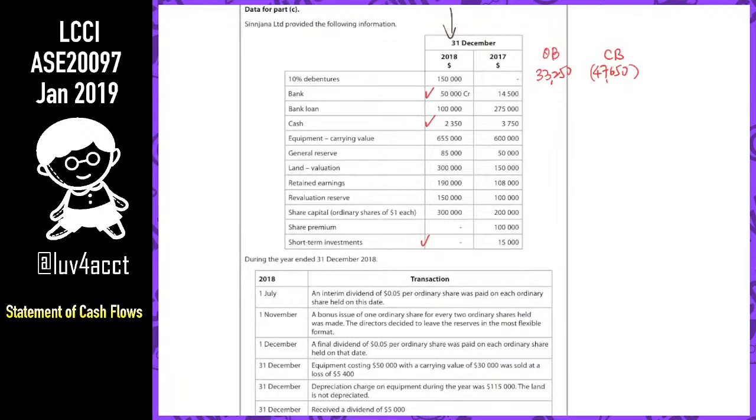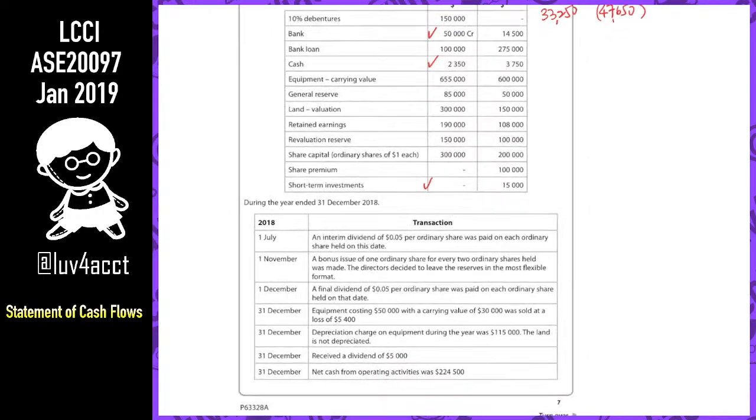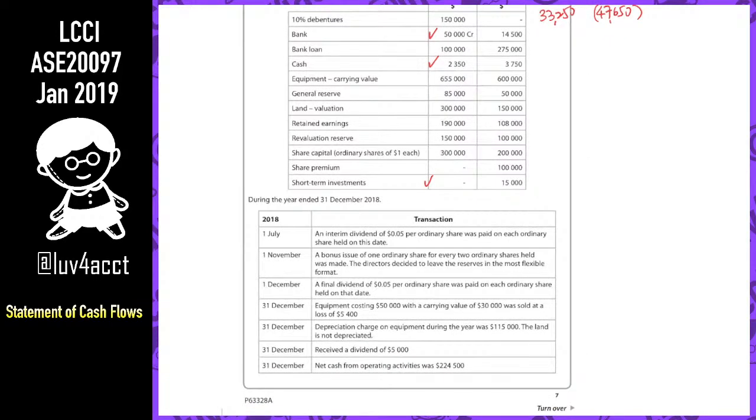Next we have to see how much we have. Why are we given so many things about dividend and bonus issue, final dividend, but then we don't need financing activity. Anyway. Let us see.